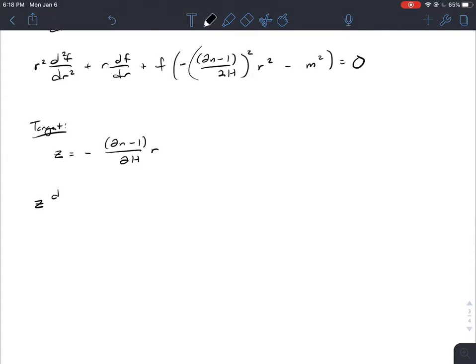And then if we did the full change of variables, what we should get is zeta squared d squared f over d zeta squared plus zeta df d zeta plus f times negative zeta squared minus m squared. Oh, it's negative zeta, sorry.